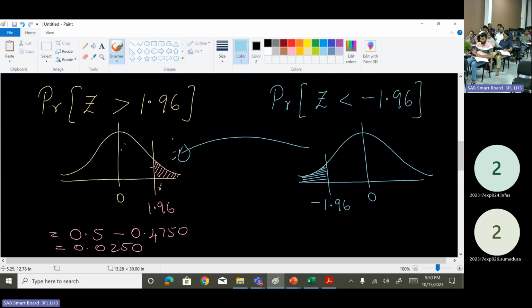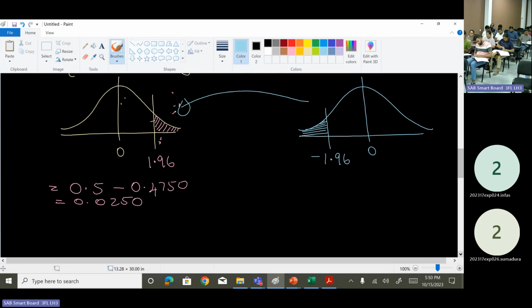There won't be any negatives. So for a left side region, you refer this way, assuming that it is on the other side.